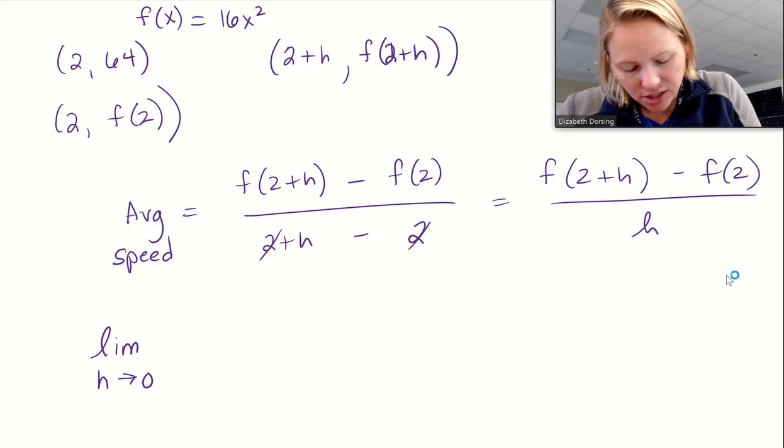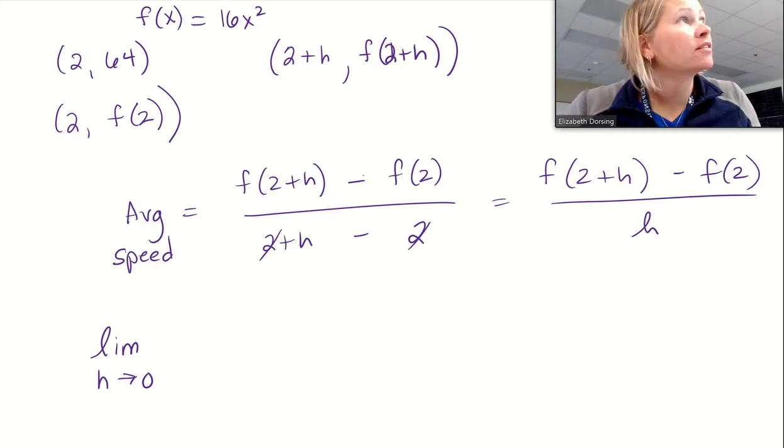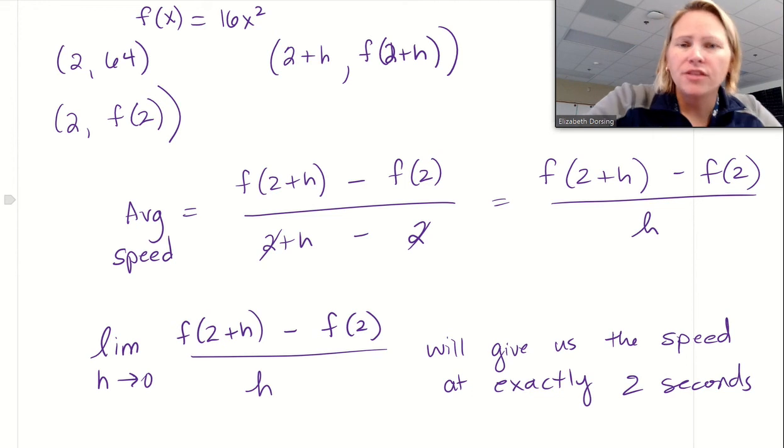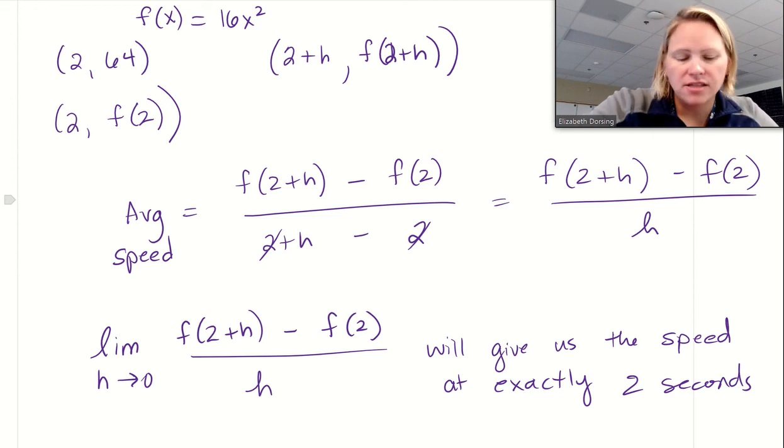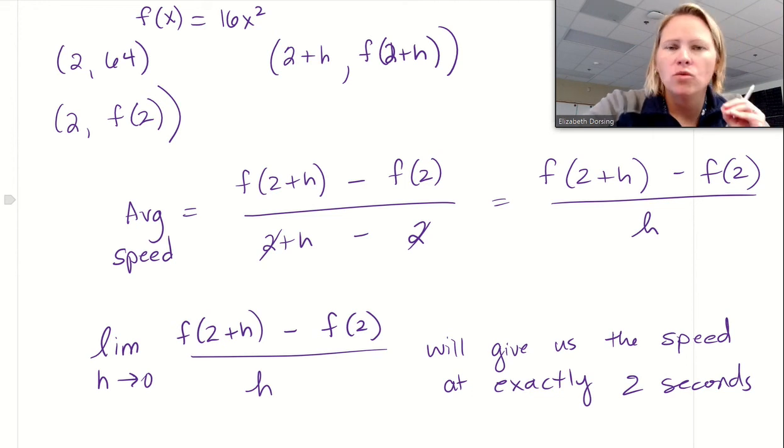So what we're going to do is turn this into the limit as h approaches 0 of f of 2 plus h, and what this is going to give us is the exact moment of 2 seconds. What is our exact speed right at 2 seconds? How fast is that rock falling at the time 2 seconds?